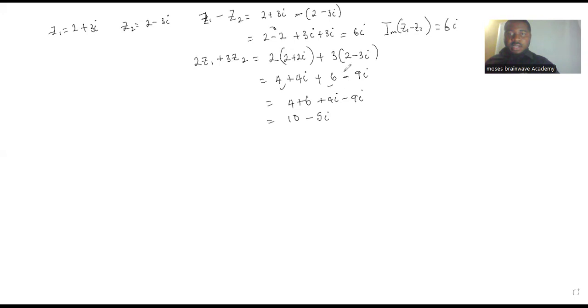This and this should give me 4. Then I have 3, 6. Then I'm going to get 9 over here. Right? So I have 4 and this should give me negative. We have 4 and then we have 9.